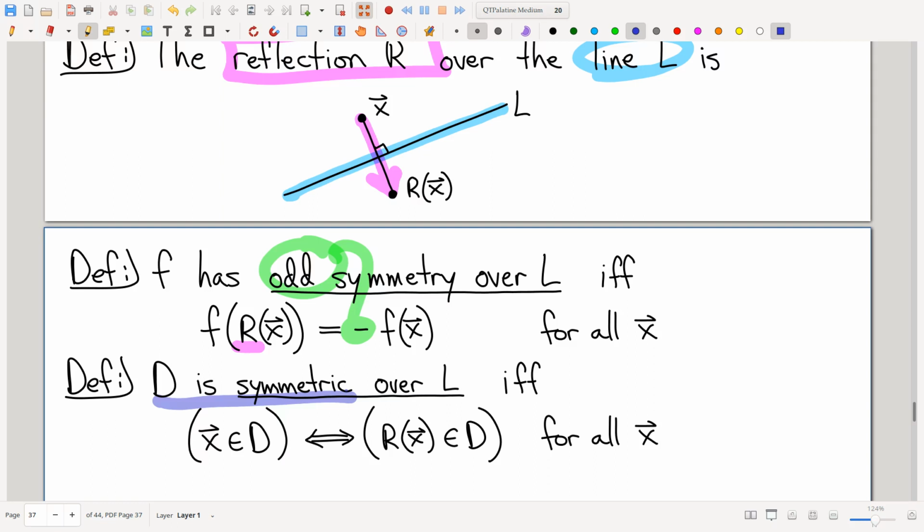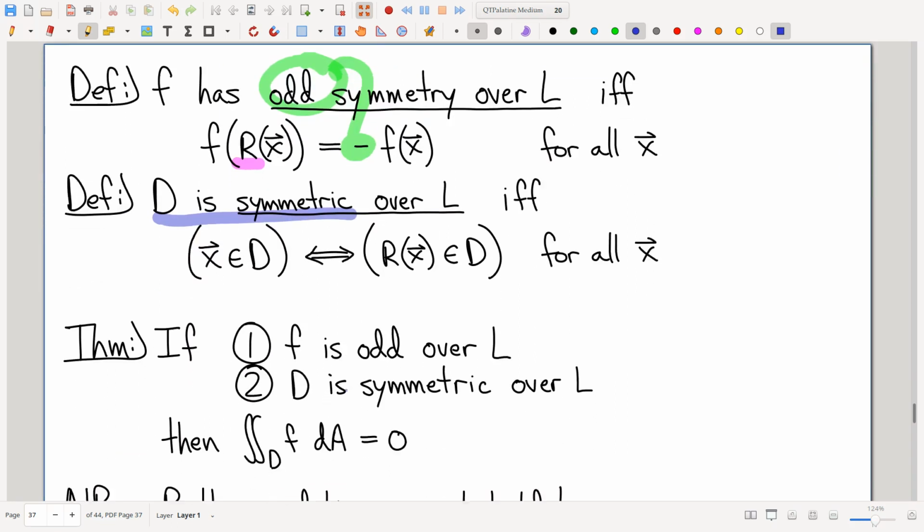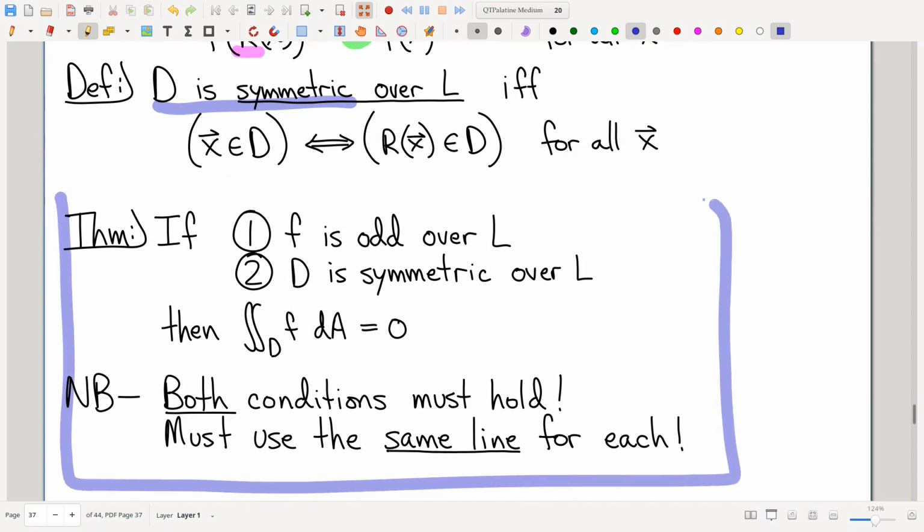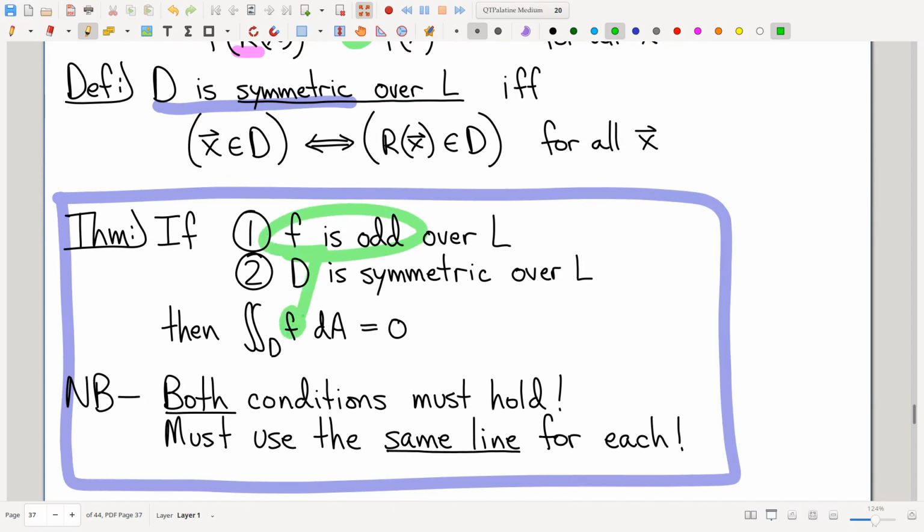Just Rorschach test, right? You draw the line, goes right down the middle, and it looks the same as you reflect. Right? So, not surprising, we have a very analogous theorem. And specifically, if you have an odd integrand and if you have a symmetric domain, then your integral is 0. How about that?